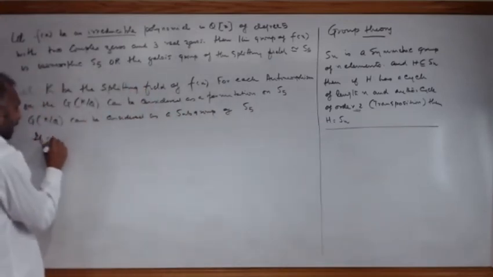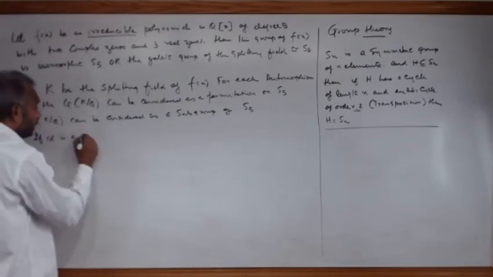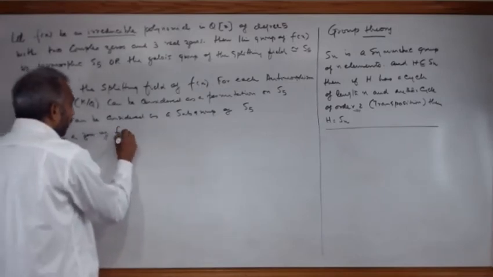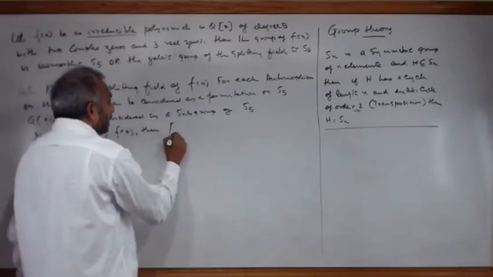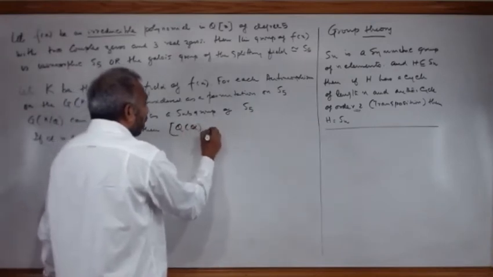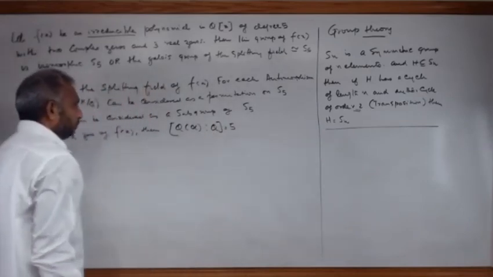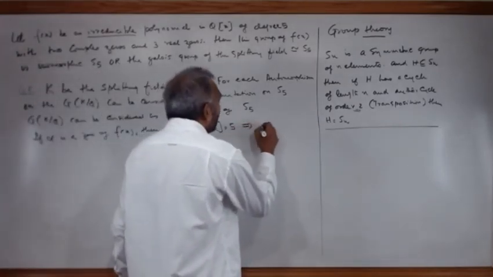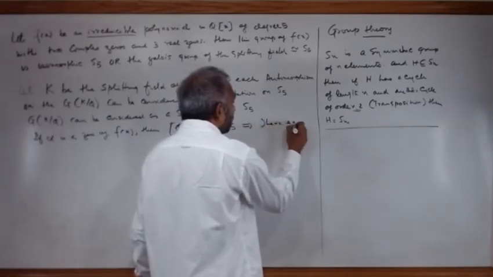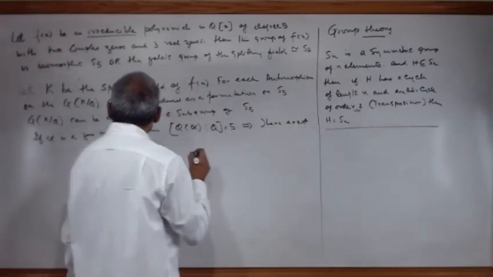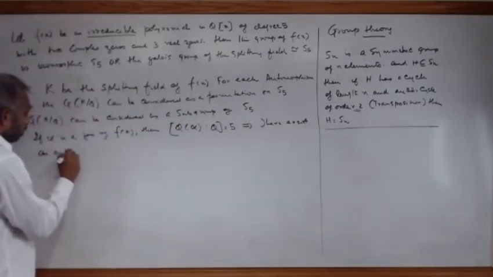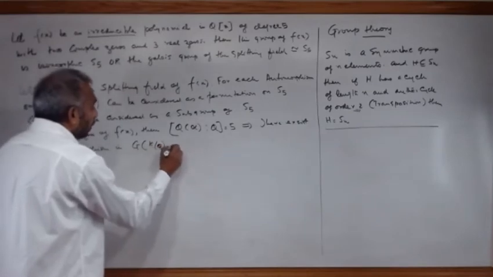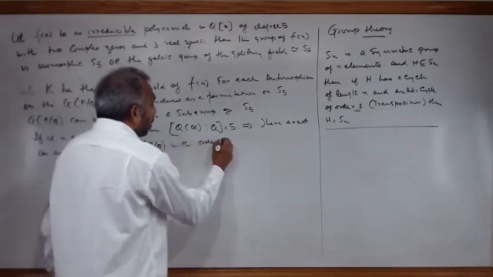See, if alpha is a zero of f(x), then the degree of Q(alpha) over Q is equal to 5, and that implies there exists an automorphism in G(K/Q) with order 5.